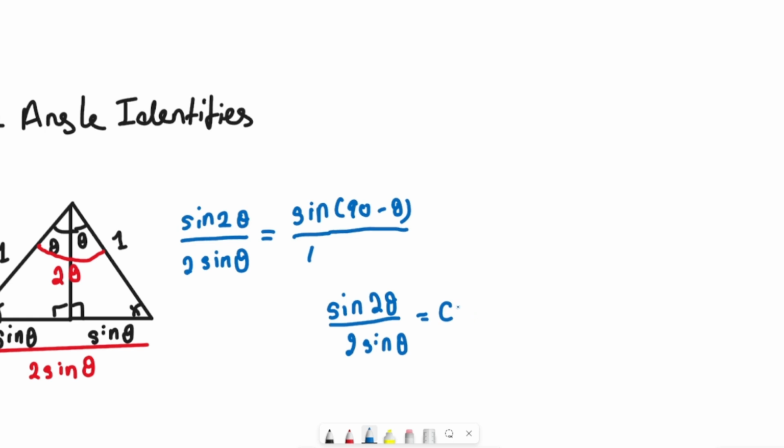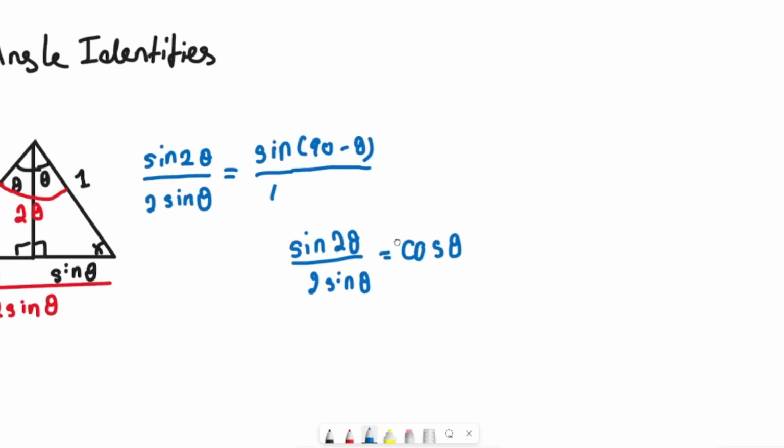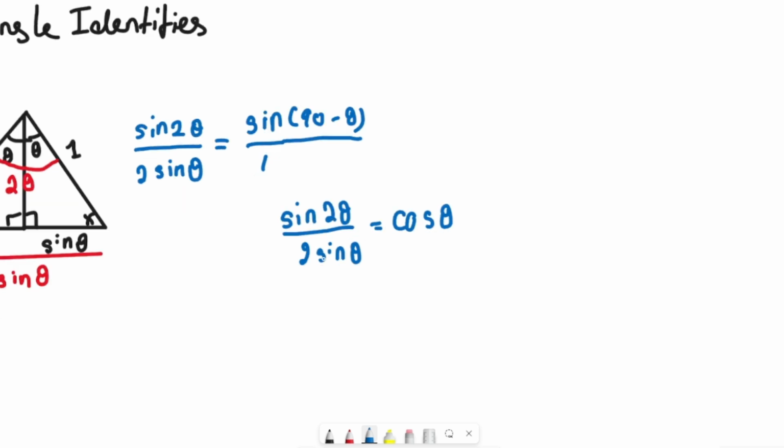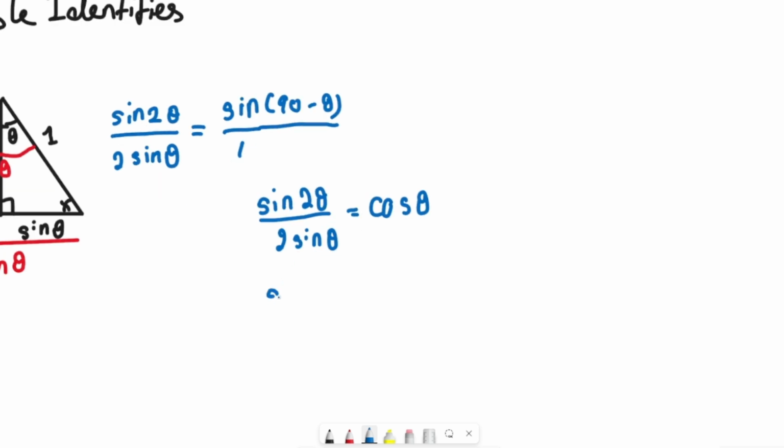Now from this ratio I can easily derive the first double angle identity, and that is that sine of 2 theta is equal to 2 sine theta cosine theta. So this is where your first identity comes from.